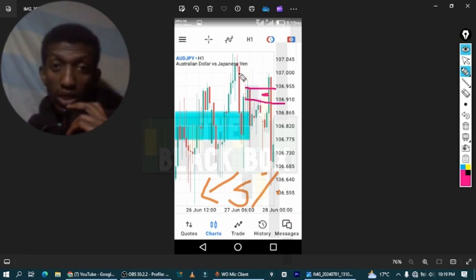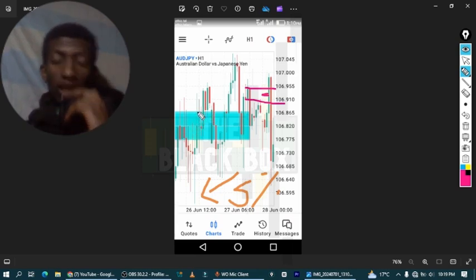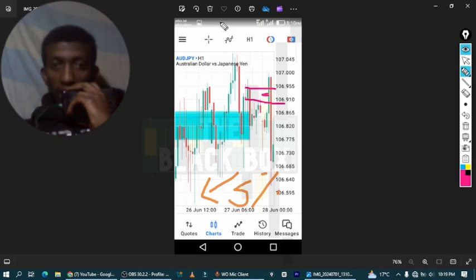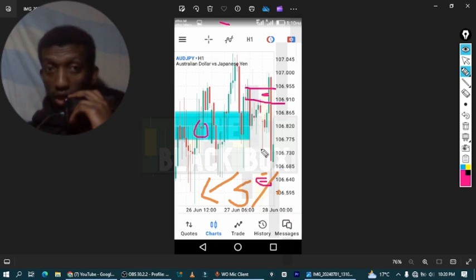This is already done, delivered. TP2 is done, but this is not done right there, which means our target is up there based on this one. But based on this one, our target is down there. Why? Because TP2 is found there. We are in a sell program, which means I'm targeting down there.